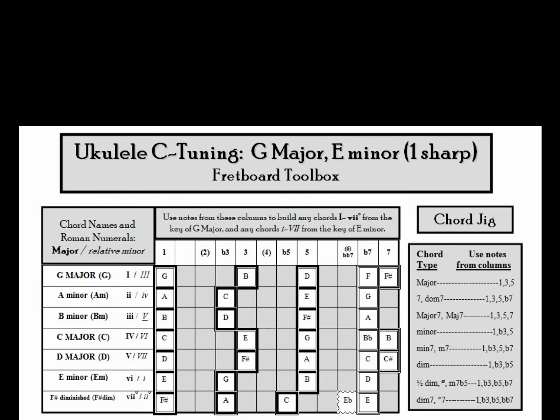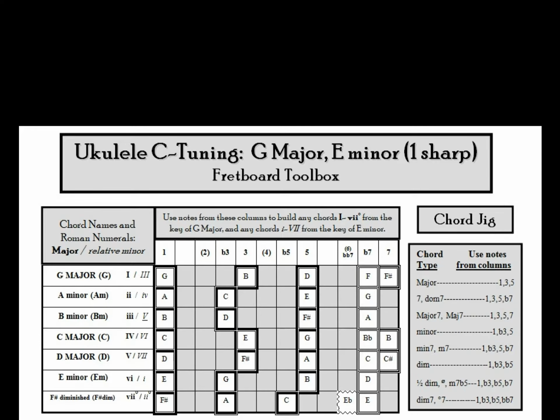In the key of G major is your 1 chord, A minor is your 2 chord, B minor is your 3 chord, C major is your 4 chord, D major is your 5 chord, E minor is the 6, and F sharp diminished is the 7 chord.